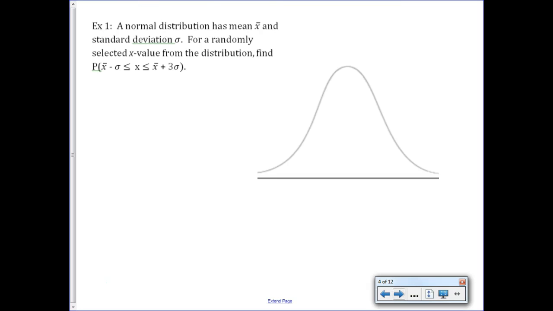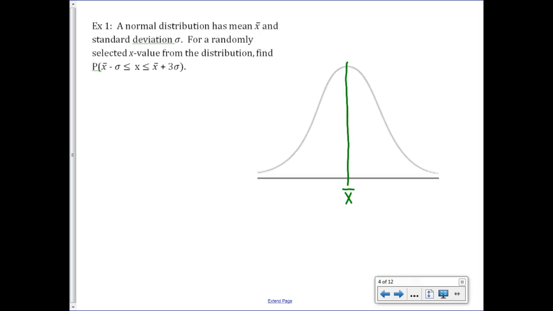So what you're going to see are problems like this. A normal distribution has a mean of x bar and a standard deviation of sigma. For a randomly selected x value from the distribution, find the probability of the mean minus 1 standard deviation up to the mean plus 3 standard deviations. So I'm going to draw this in: right here in the middle is our mean.